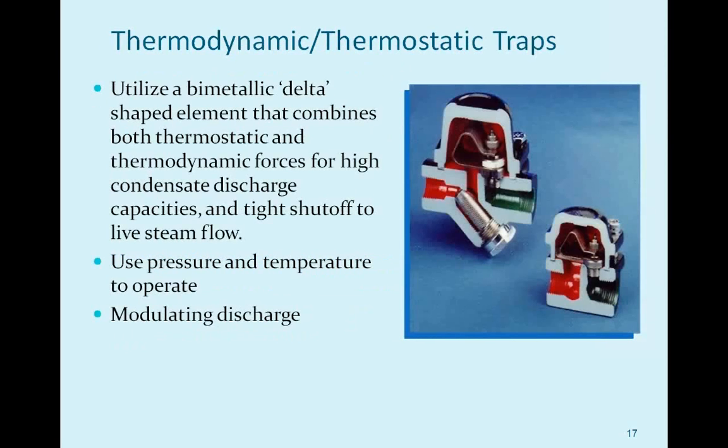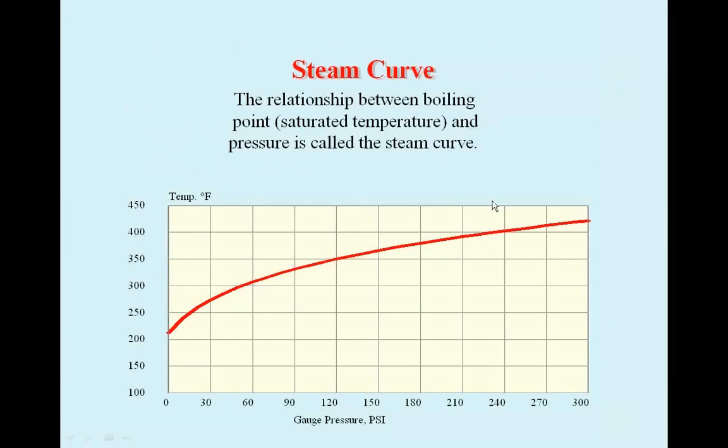There is one design that uses both pressure and temperature. It is a bimetal type, and these are designed for modulating discharge. So what you have is temperature expands that bimetal to pull it closed, but the line pressure of the condensate pushes down through the orifice and opens the valve.